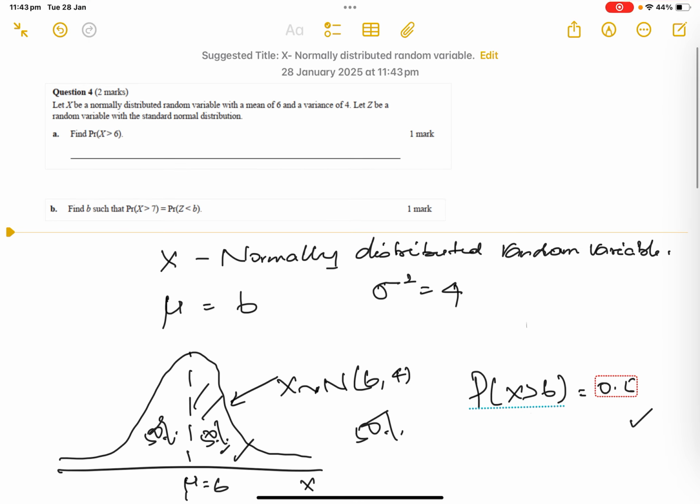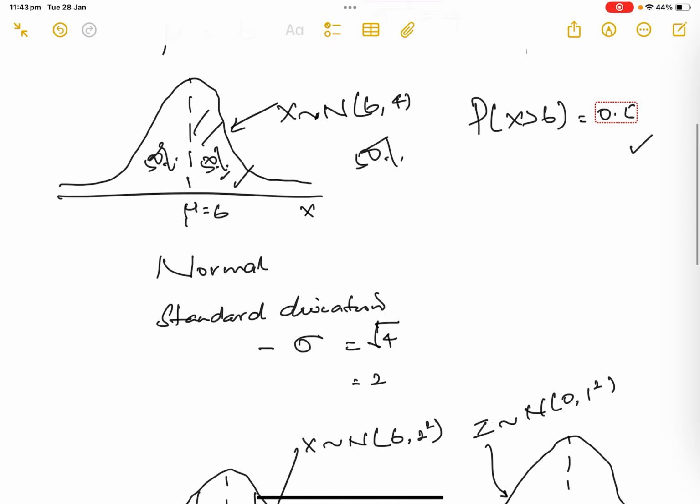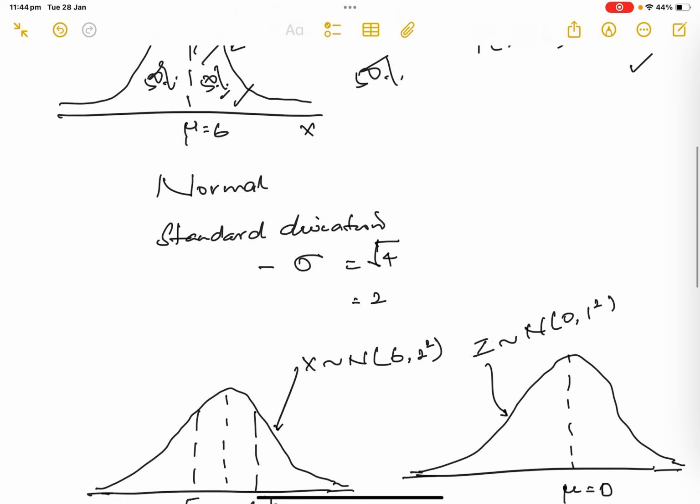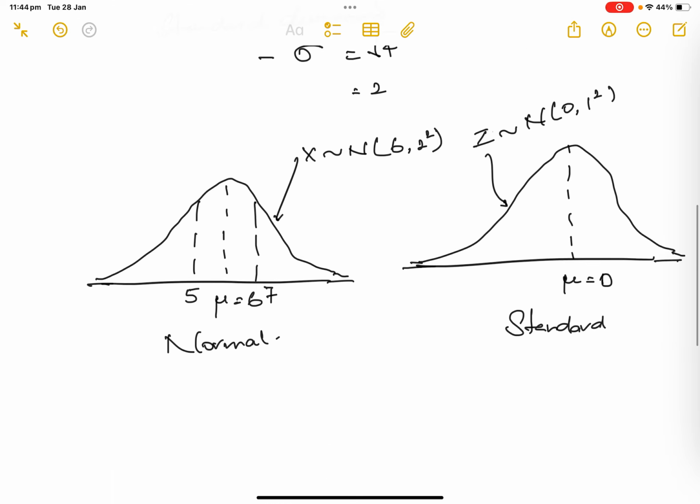It's very simple. The second part: find b such that the probability X greater than 7 is equal to the probability Z less than b. So we need to find b. As I said, it's a normal distribution with a standard deviation of 2. I put a couple more sketches.